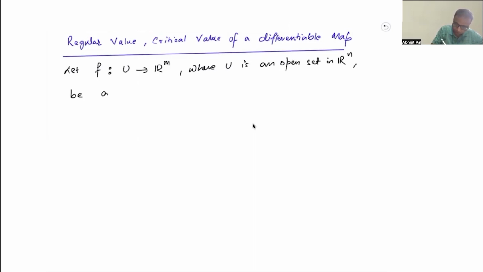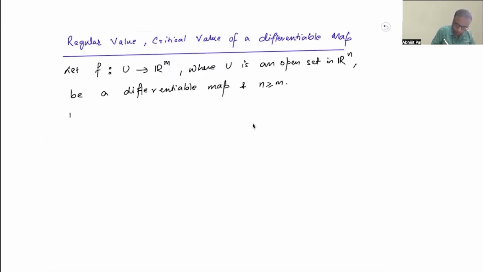So F is a differentiable map. And also let us assume that n is greater than or equal to m. Okay.